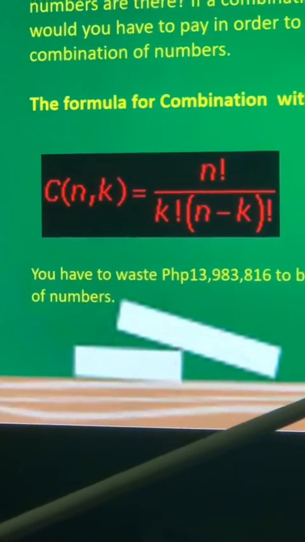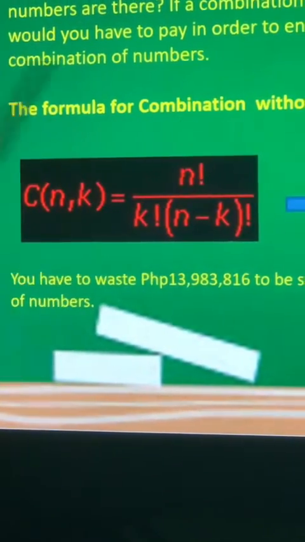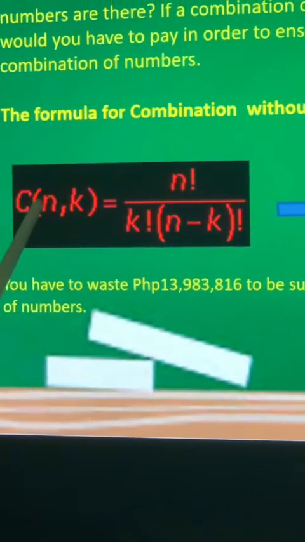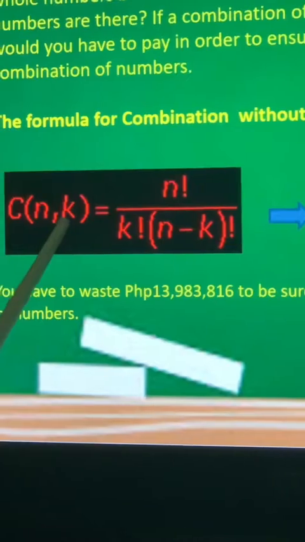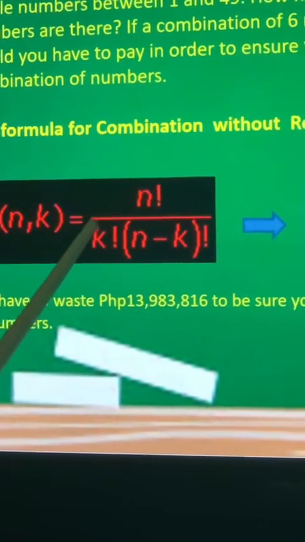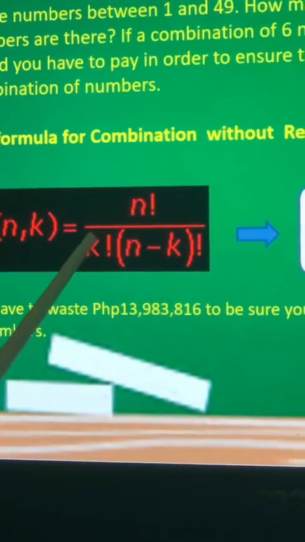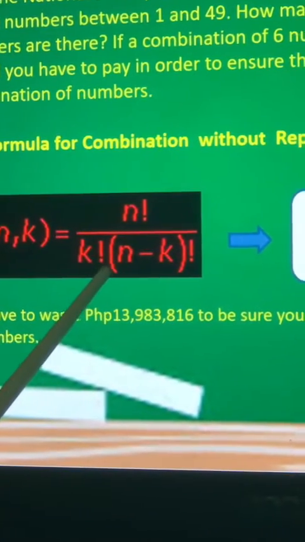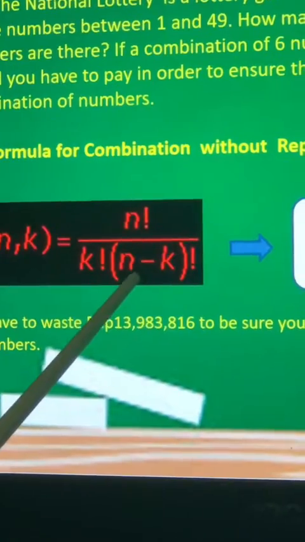The formula for a combination without repetition is C(n, k) equals n! over k! (n - k)!.